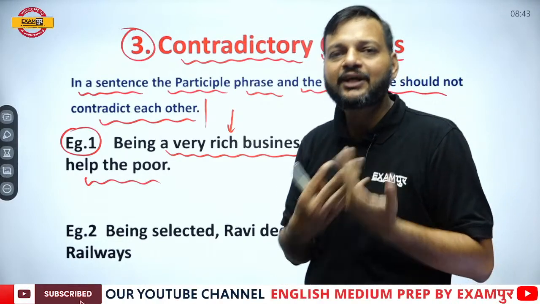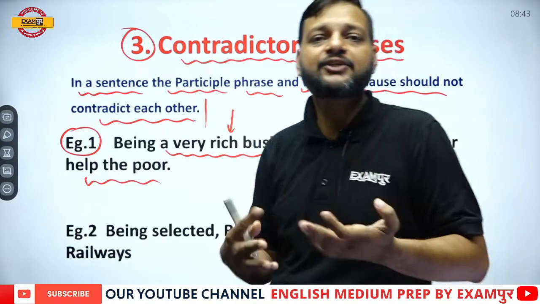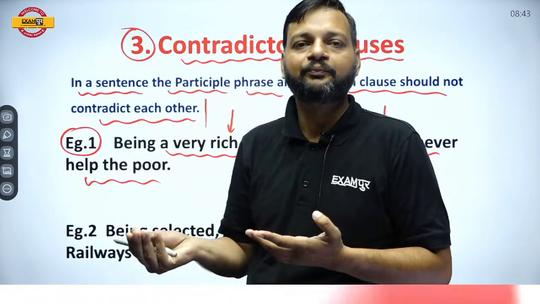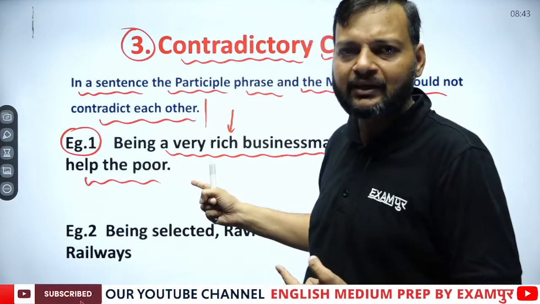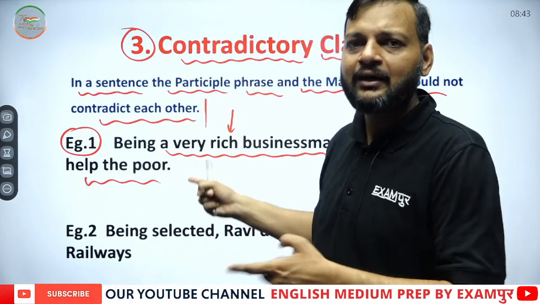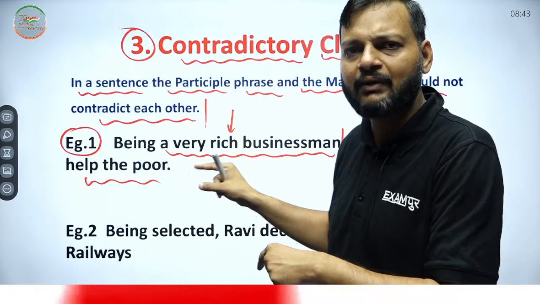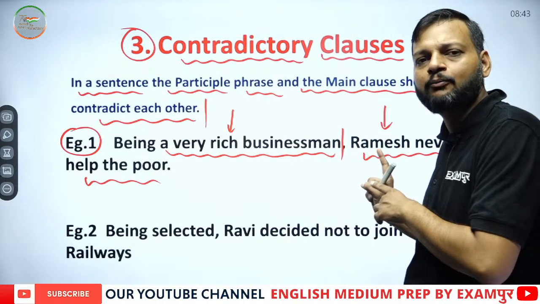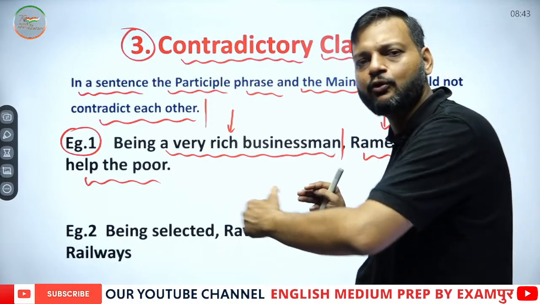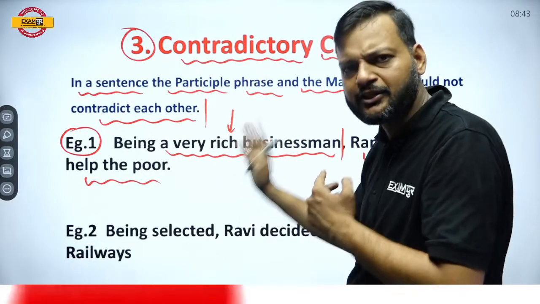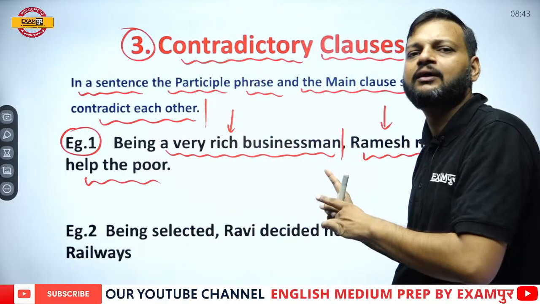If someone is really rich, what is his duty? It is his duty to help the poor. But in this sentence, we are saying that Ramesh is a very rich businessman, but he is not ready to help the poor. So there is a contradiction between both the clauses.